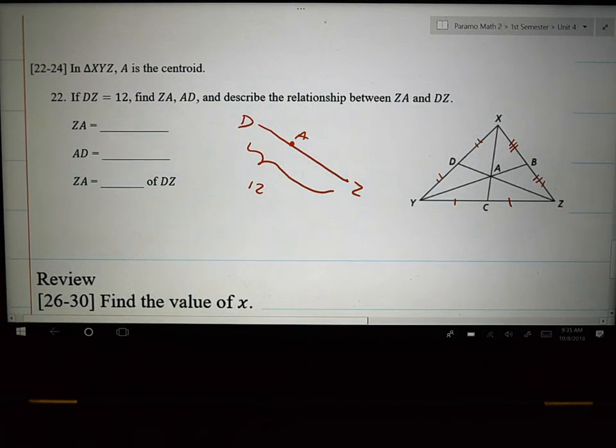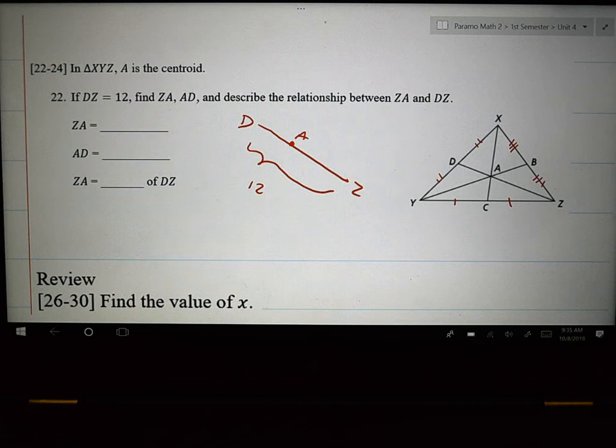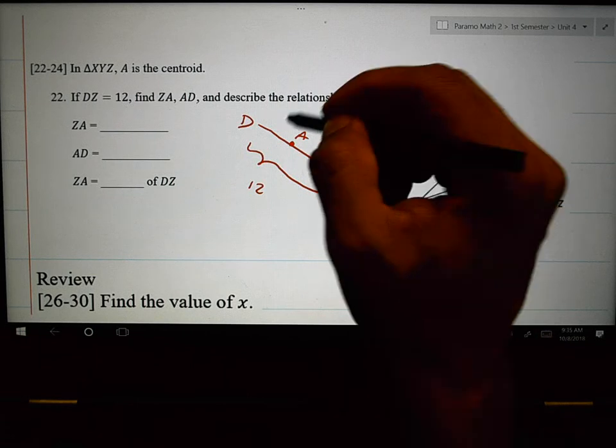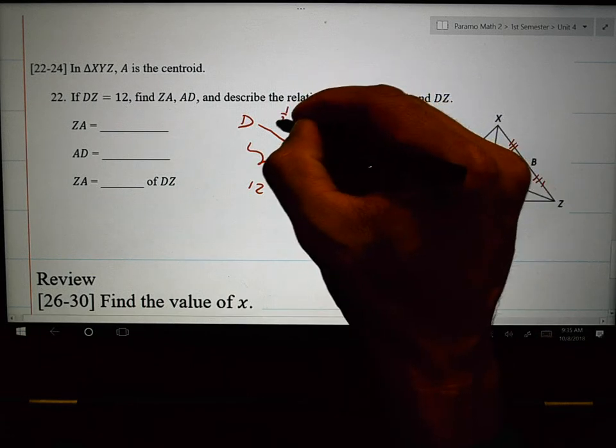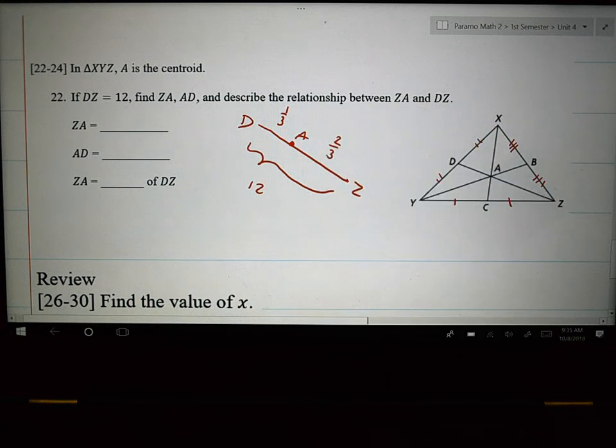Earlier, I told you that the centroid is the splitting point between 1/3 and 2/3. That this is 1/3 of the whole thing, and this is 2/3 of the whole thing. It's 1 part to 2 parts.